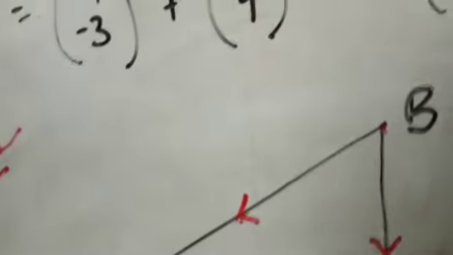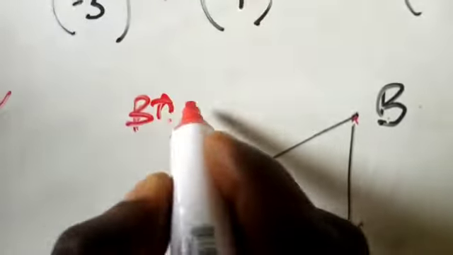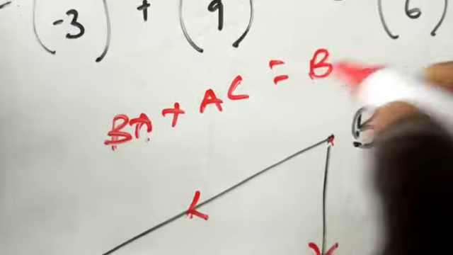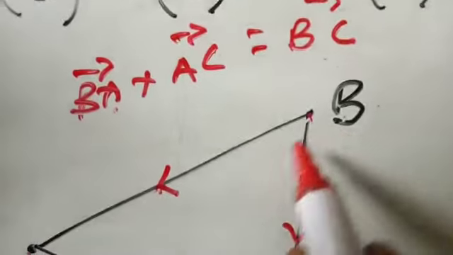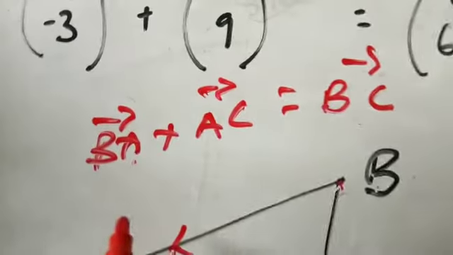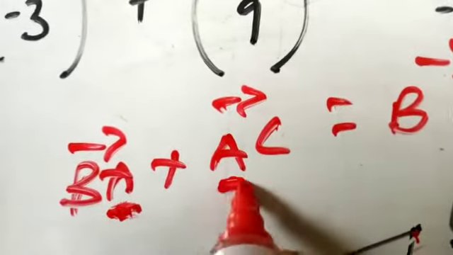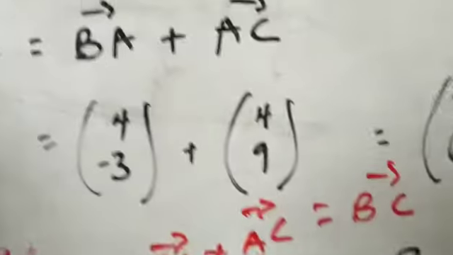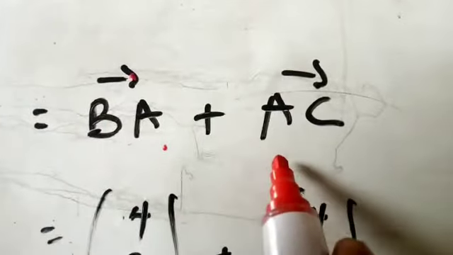Since BA is followed by AC, BA plus AC is equal to BC. This is a simple trick: the arrows that follow each other are what we are adding. Another way of saying it: A ends this one and is the starting point of the next. So make sure the two letters in the middle are the same. Therefore BC is equal to BA plus AC.